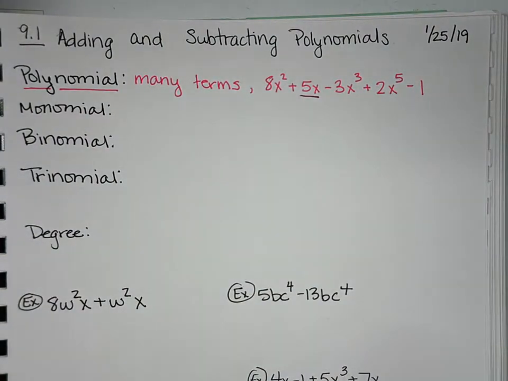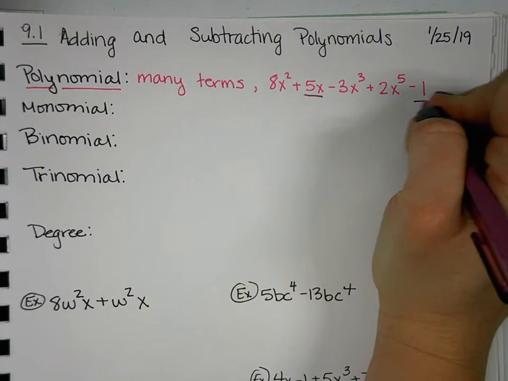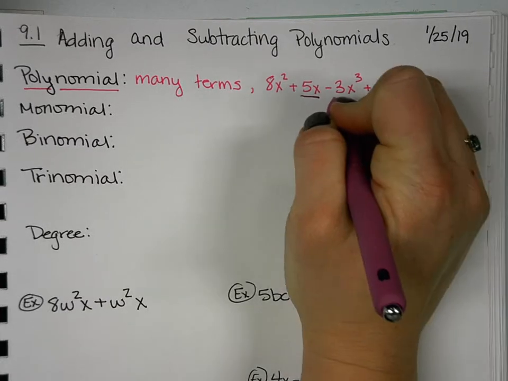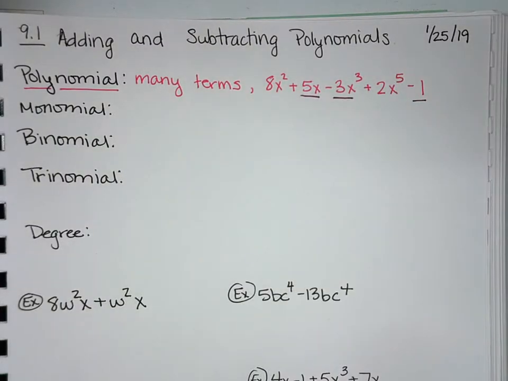What's another term? Eliana? 1. That's a term. Anyone else think of another term? How's 1 a term? Okay, let's see if we can help Max out. Can someone give me an example of another term? 3x to the third. That's another term.